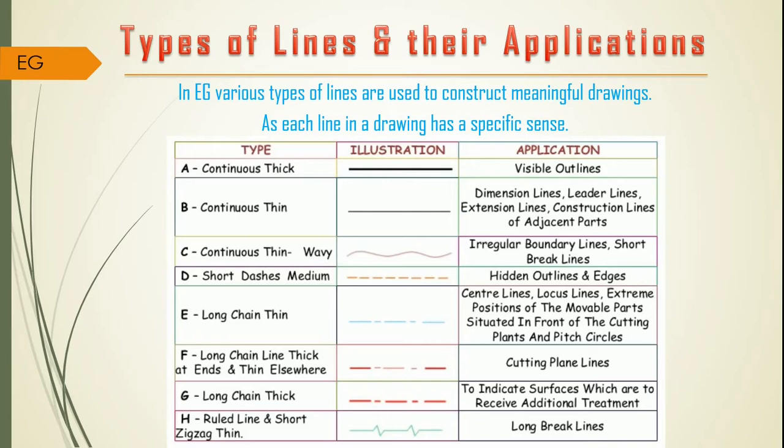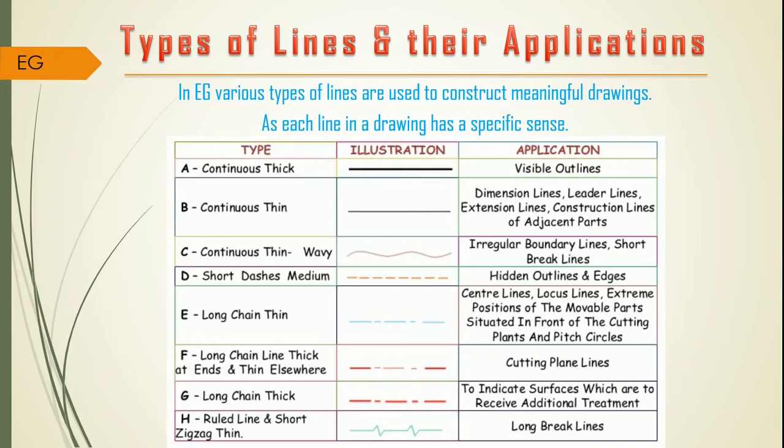Move to the next, that is the long chain thin line. Here you find the line is not exactly a dash one, it is in the format of long and short lines. There is one long line, after that a short line, again a long line, again a short line. In this long-short fashion you construct this line, and it is called the chain thin line.